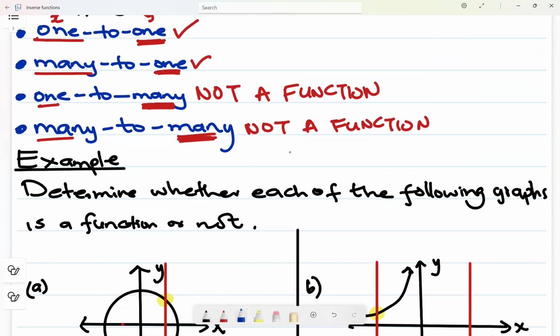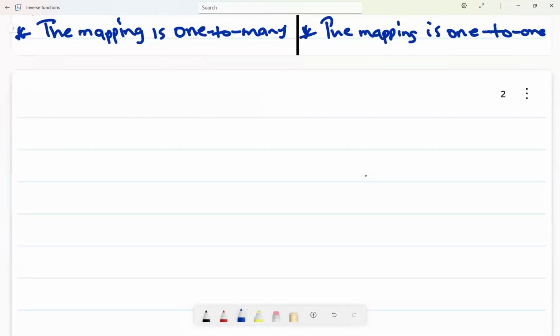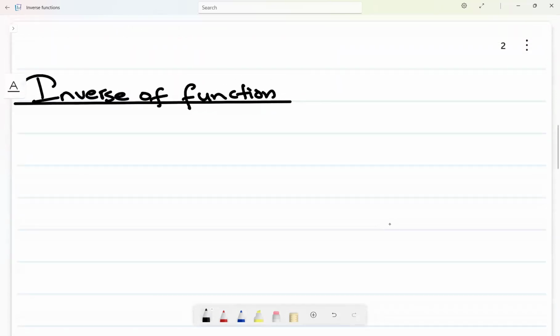Now I want us to check exactly how we obtain an inverse function. I want us to see exactly what we mean when we say something is an inverse of a function. We need to reflect this graph, to create a mirror of the original graph, such that the inverse of a function is the symmetry of a graph about the line y equals x.